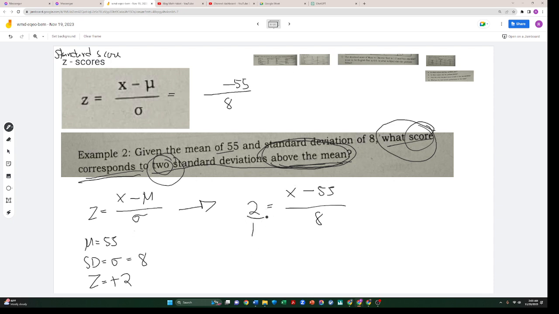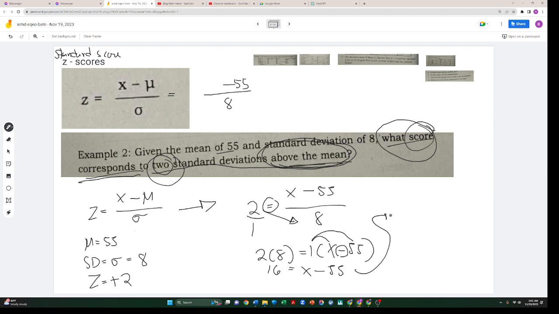So, 2 times 8, copy the equal sign here, and then 1 times x minus 55. So, 2 times 8 is 16, and distributive property: 1 times x is x, and beware of the negative sign. Positive times negative is negative, then 1 times 55 is 55.